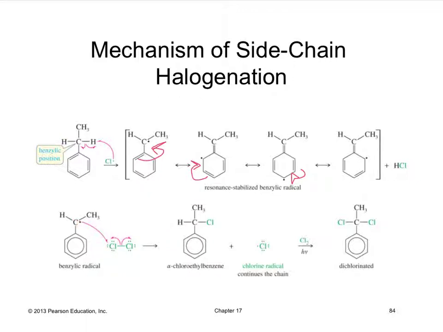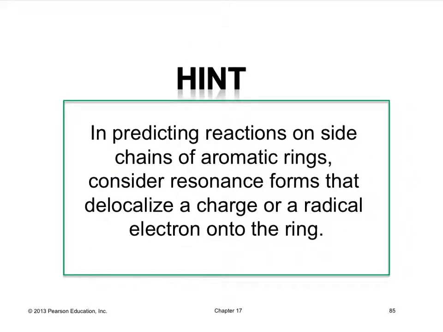So these two form a chloride bond, regenerating a chlorine radical. And in the presence of chlorine and light, this will happen again to generate the dichloro molecule. Important thing to note is that in predicting reactions on side chains of aromatic rings, consider resonance forms that delocalize a charge or radical electron onto the ring.